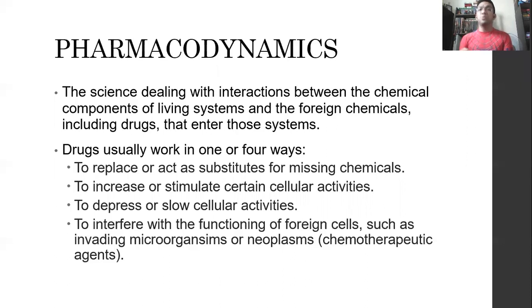They no longer produce insulin, which is a hormone needed to maintain the blood glucose levels. In order to replace the missing insulin that the pancreas is not producing in a patient who has diabetes mellitus type 1, we are going to administer or teach the patient to do self-administration of insulin. So this is a great example.